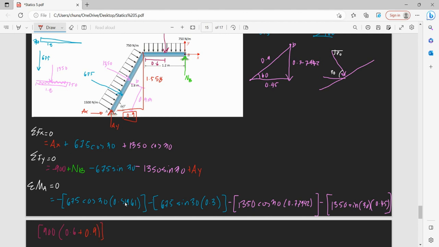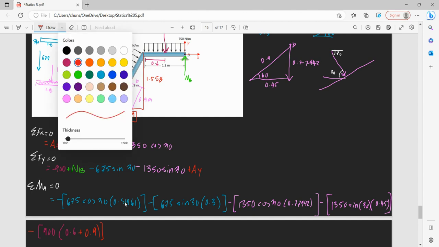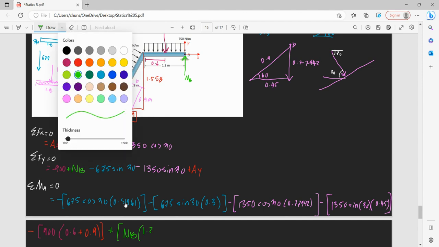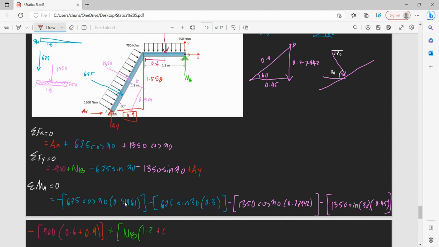That will get the correct distance, and that is clockwise. So it's negative. And this we will need to go counterclockwise, so this is plus for our NB. And we want our horizontal distance again. So we have 1.2 meters from there. And then we have to add the 0.9 meters.